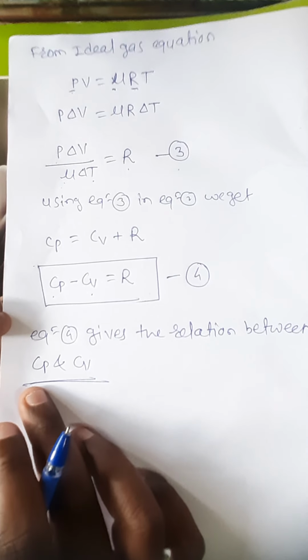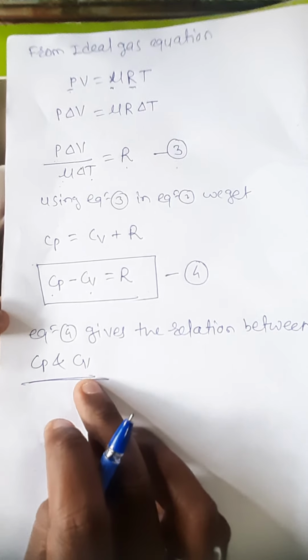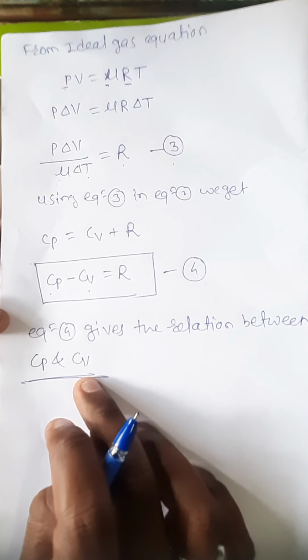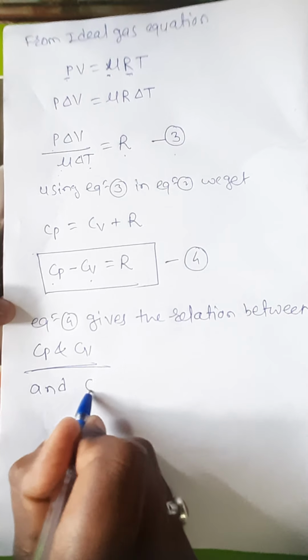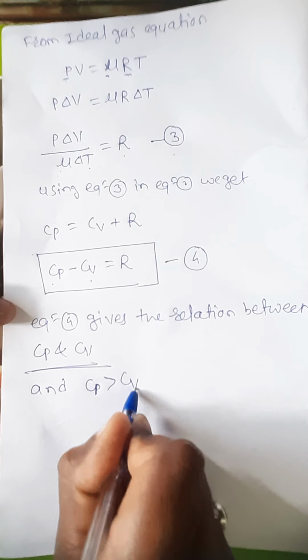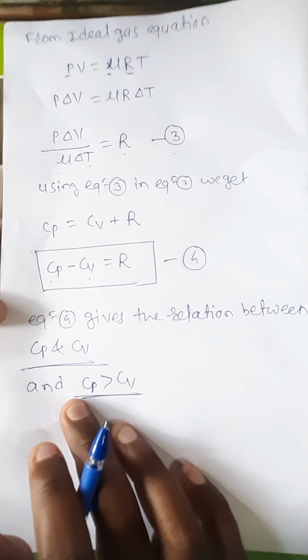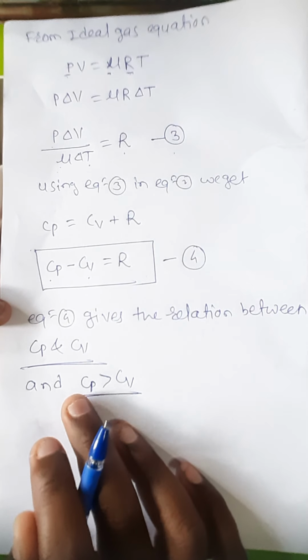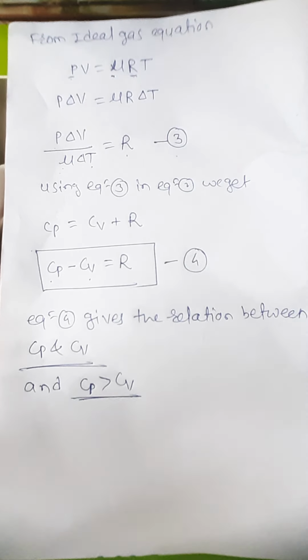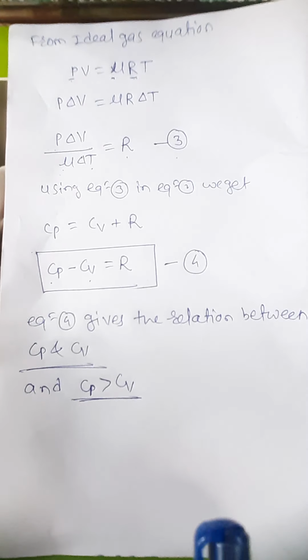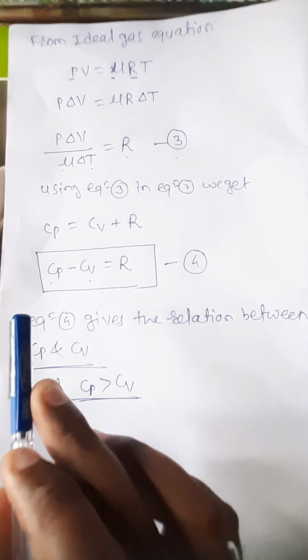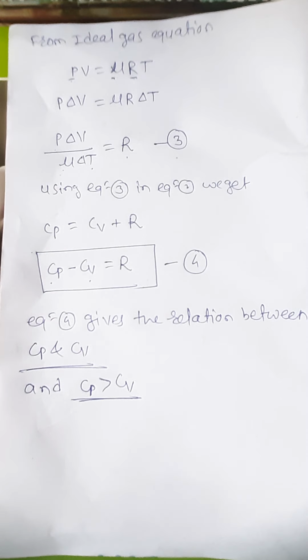Cp means molar specific heat capacity at constant pressure and Cv is molar specific heat capacity at constant volume, and Cp is always greater than Cv. The molar specific heat capacity at constant pressure is always greater than the molar specific heat capacity at constant volume, and the relation between Cp and Cv is Cp minus Cv is equal to R.